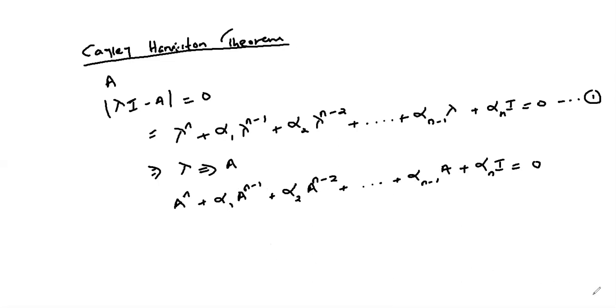Let's take an example of a matrix. Suppose we have a square matrix A defined by A equals [3, 1; 2, 4].